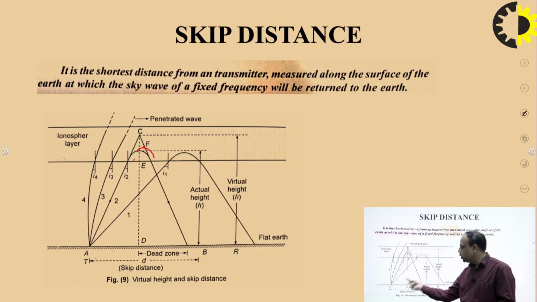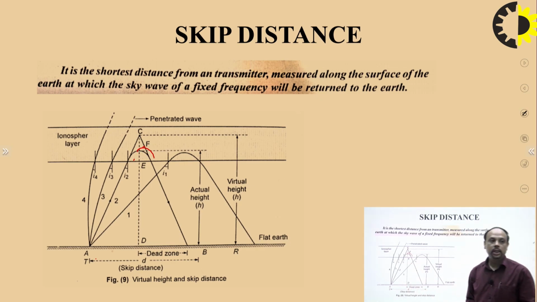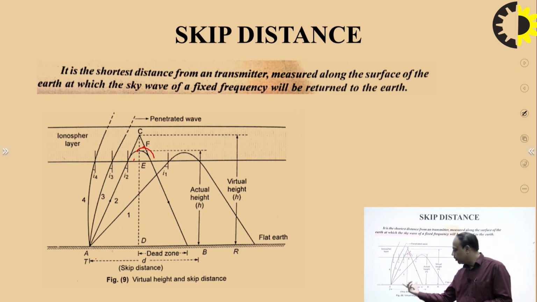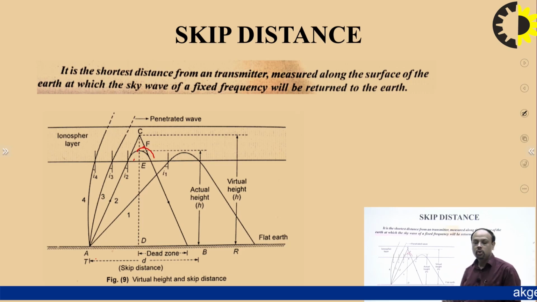The frequency at which this minimum distance takes place is known as the maximum usable frequency. As we already discussed, there are different frequencies, like critical frequency and maximum usable frequency, and the frequency at which skip distance is measured is the maximum usable frequency.